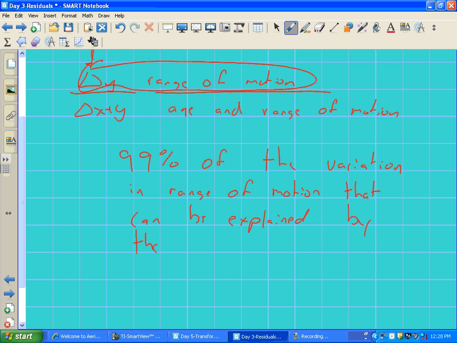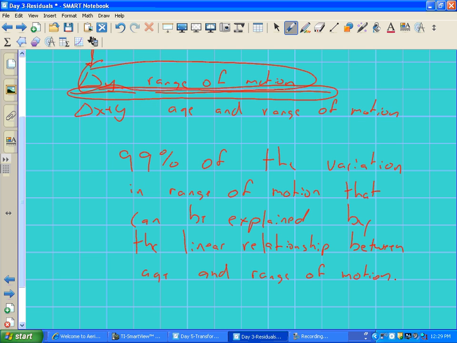Variation in range of motion that can be explained by, I'm actually going to use this division sign, it means division. I'm using it to remember the word line because it's a line that can be explained by the linear relationship between age and range of motion. Okay?